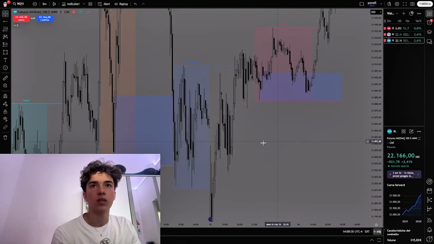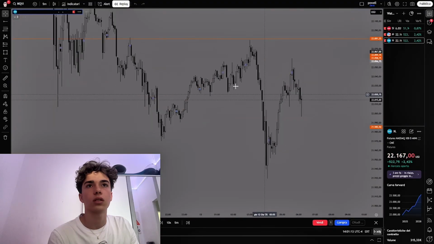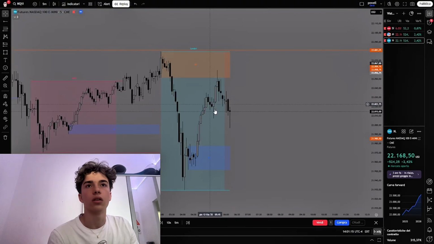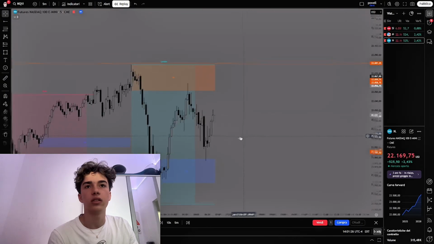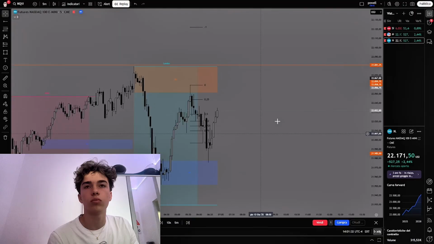Another example, let's do it like this. This is the manipulation leg. Yeah, this is basically the last manipulation leg.